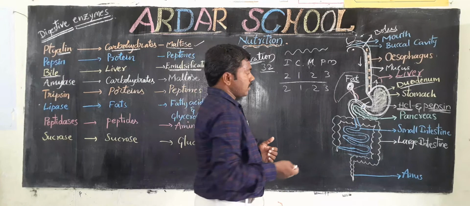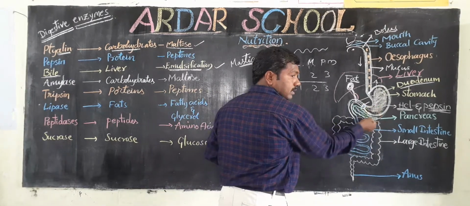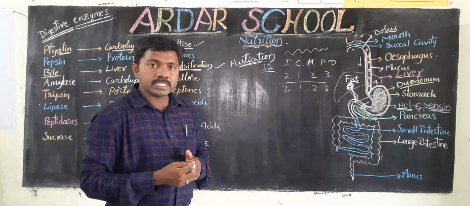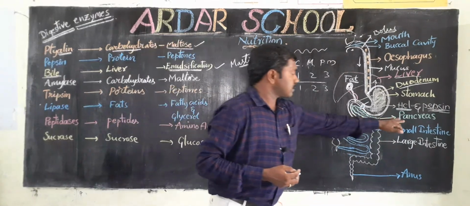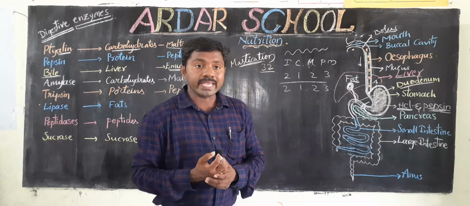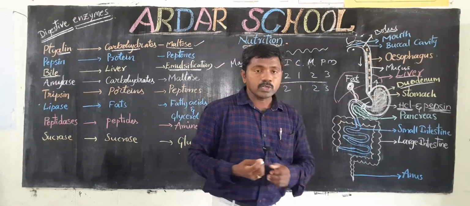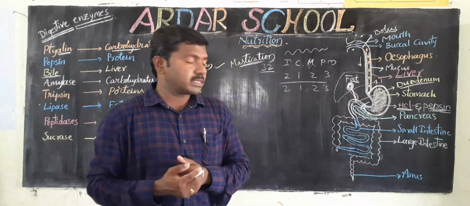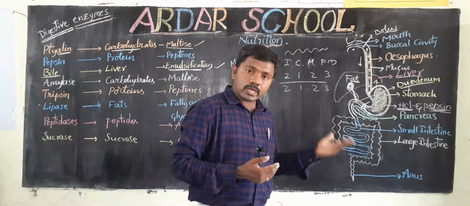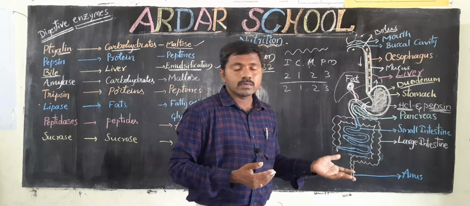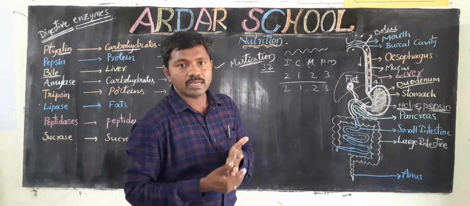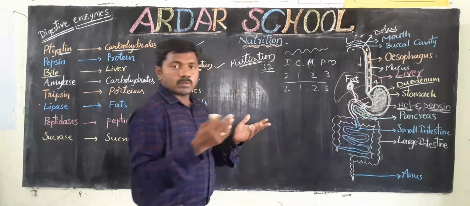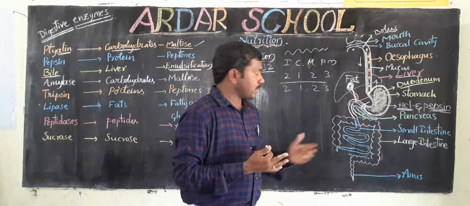In the same way, under the stomach, if you observe the leaf-like structure, it is called the pancreas. What is it, children? Pancreas. It has dual functions. Dual function means it can release enzymes and hormones. It plays a dual role.